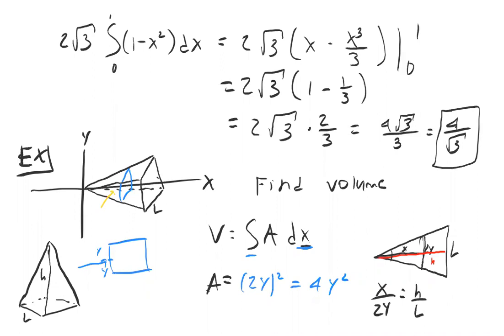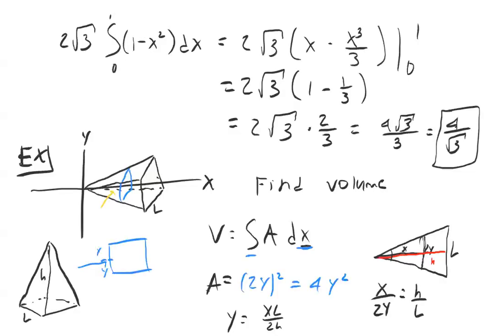Now I want to solve this for y because I need to do everything in terms of x. So if I do that quickly, I'm going to get y is equal to xL over 2h. And now I'm going to put this all together on the next page. So I have area is 4y squared, and my y was xL over 2h.